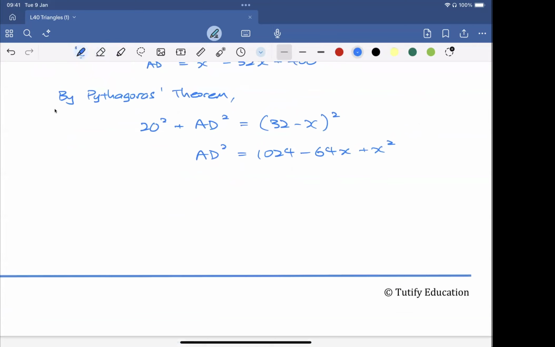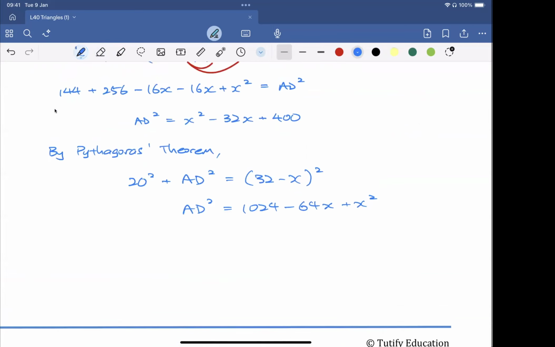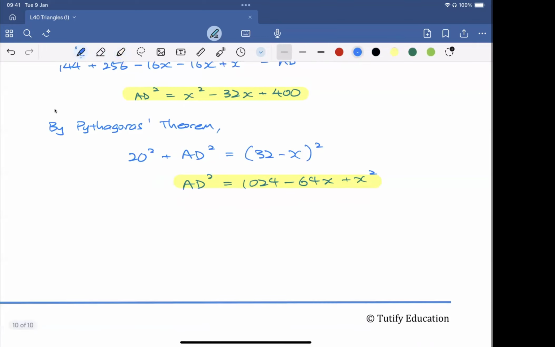Now, this is AD, right? Do you notice that this is also AD? This is AD squared. This is also AD squared. So they are the same.